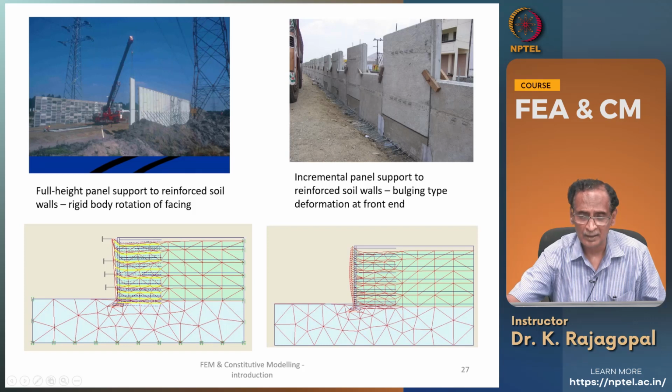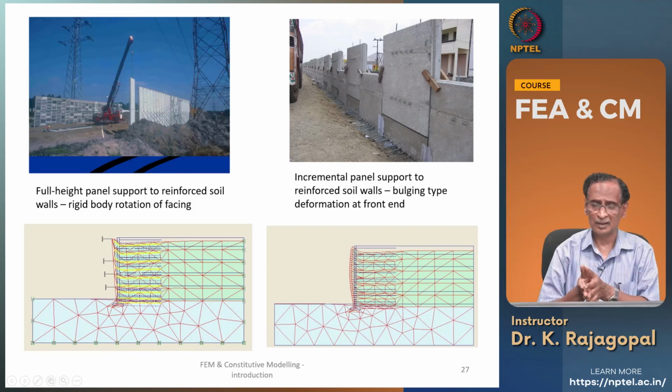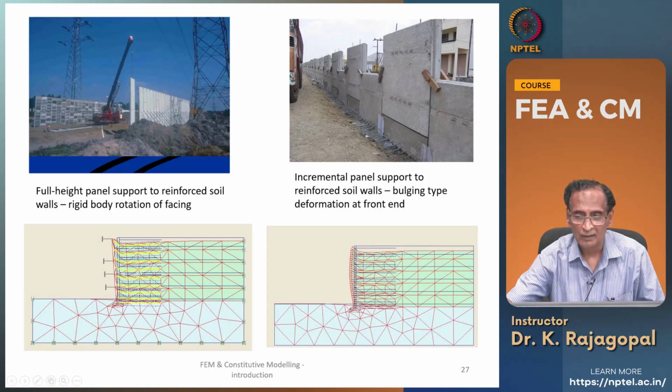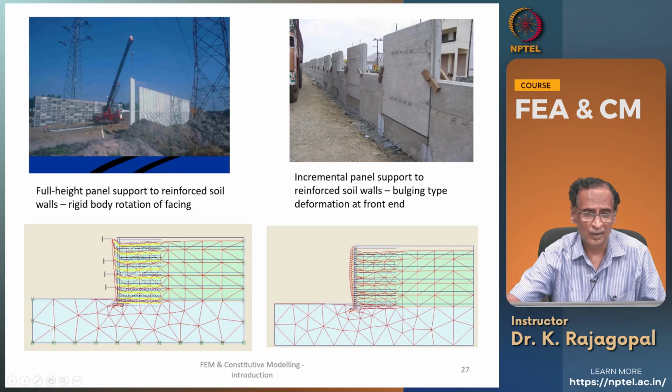Then on the right hand side, you see some other type of reinforced soil retaining wall, where the entire height does not consist of one single panel, but multiple panels like this. And here you see the deformed shape is totally different. Here it is rotated around the bottom, whereas here there is some rotation, but then more of a bulging type failure.